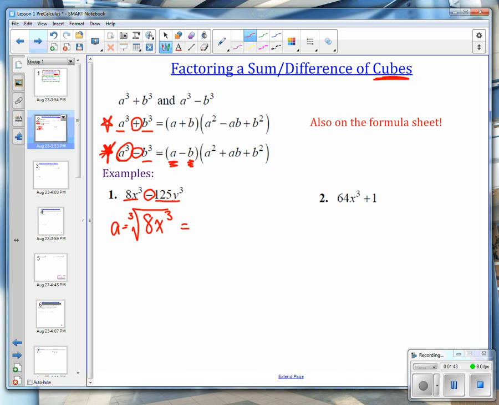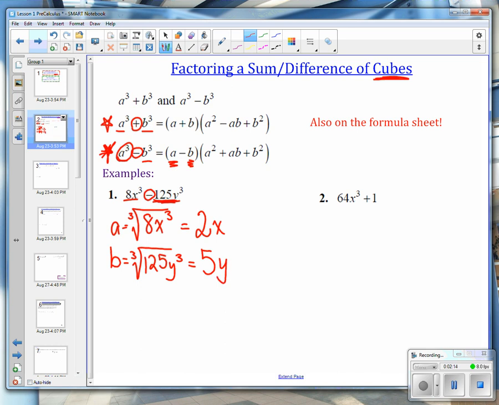The cube root of 8 we know is 2, and the cube root of x cubed just leaves us with x. The second term, B, is part of 125y cubed, but again, to find just B, we need to take the cube root of 125y cubed. So we do the same thing. The cube root of 125 is 5, and the cube root of y cubed is just y.